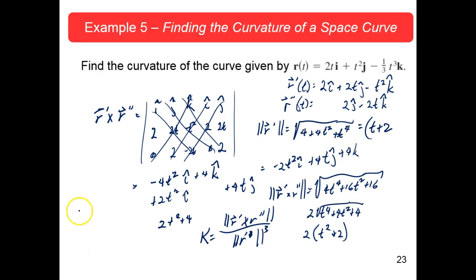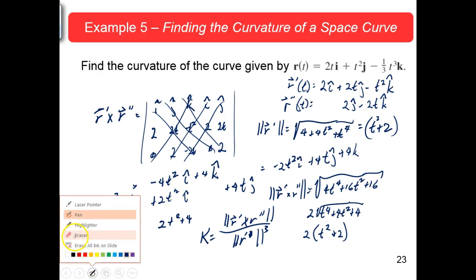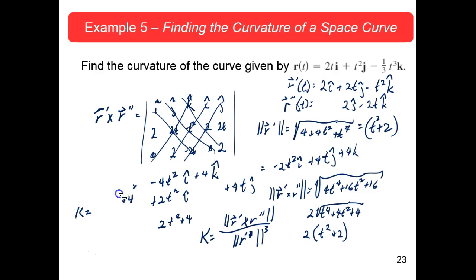So here's our k: 2t squared plus 4. Now I'm regretting that I did that; that's a t squared plus 2. I'm going to go back and undo what I did. Let's take that 2 out of there.